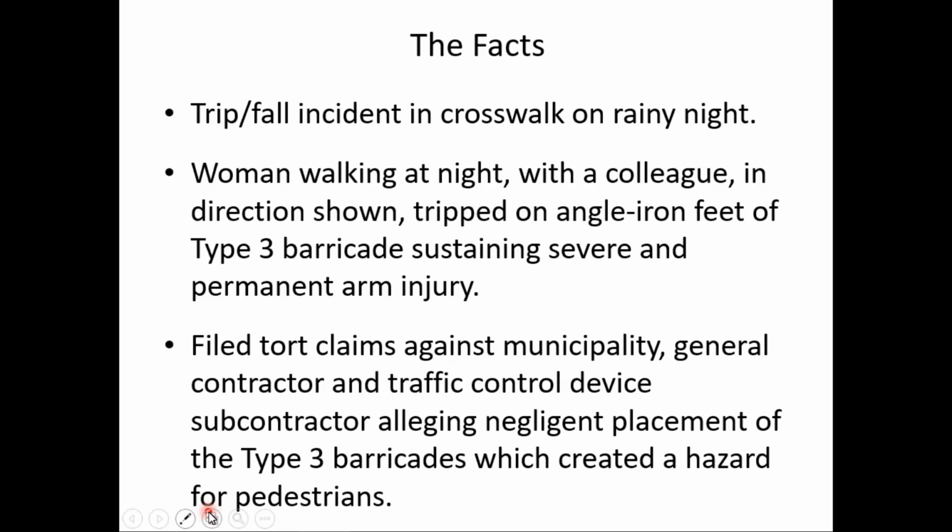And so she filed a tort claim against the municipality, against the general contractor, and the traffic control device subcontractor, alleging negligent placement of the type 3 barricades, which created a hazard for pedestrians.